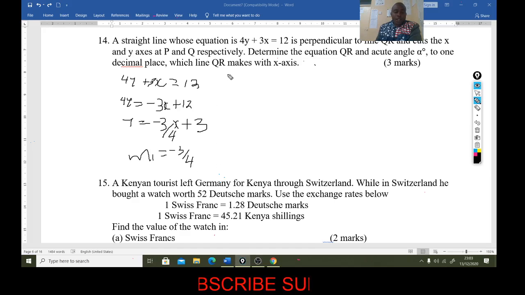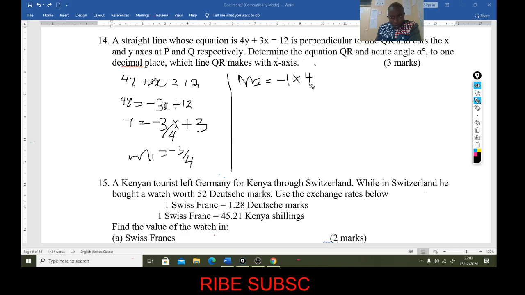And we know m1 times m2 equals negative 1. So if I want to find m2, I multiply by the reciprocal of this. So m2 equals negative 1 times the reciprocal, which is 4 over negative 3.